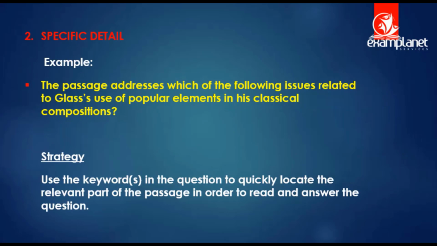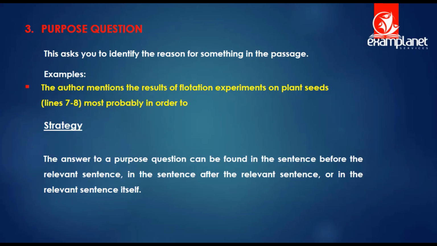The important strategy to use here is to make use of the keyword or keywords in the question to quickly locate the relevant part of the passage in order to read and answer the question. It's very important for you to identify the keyword in the question and scan for where that is at an extremely fast rate.